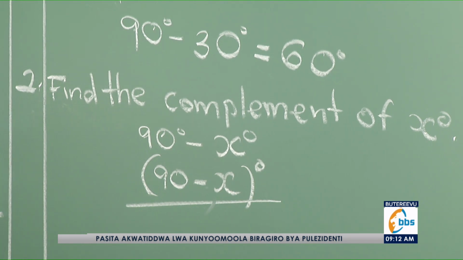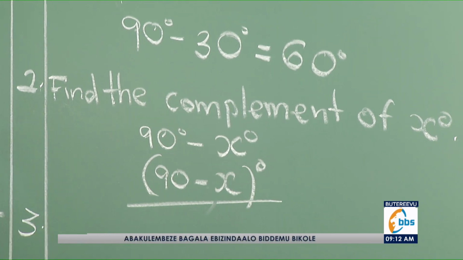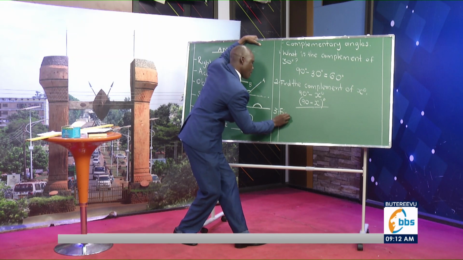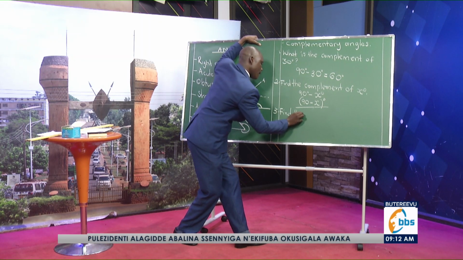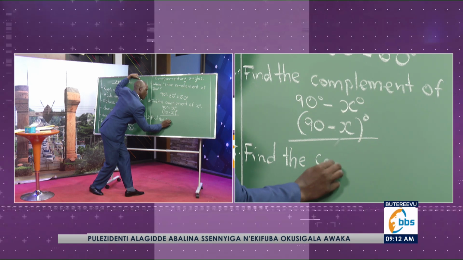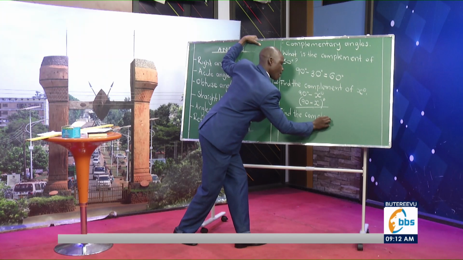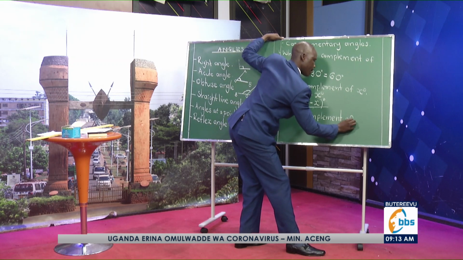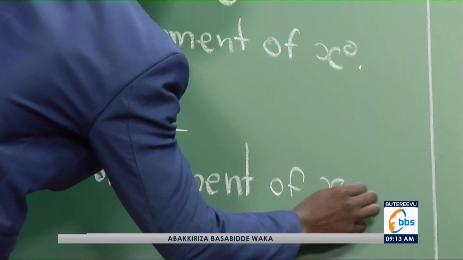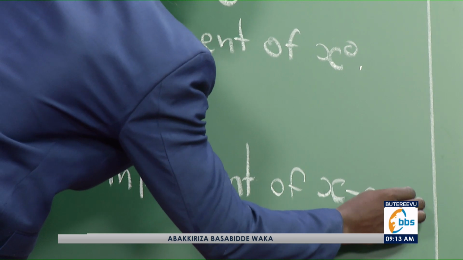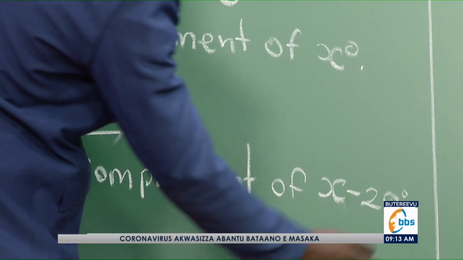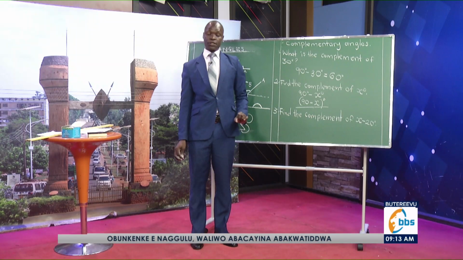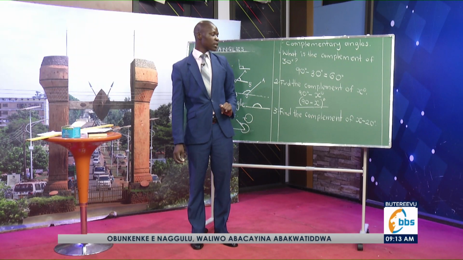Let's look at another one. Find a complement of x minus 20 degrees.